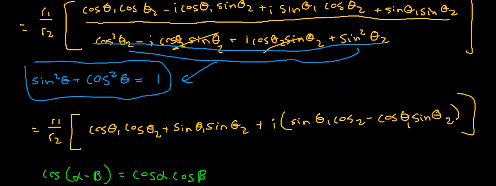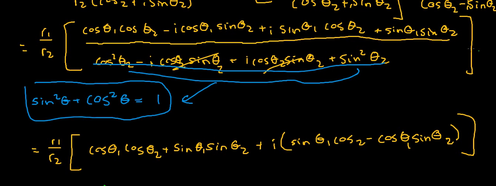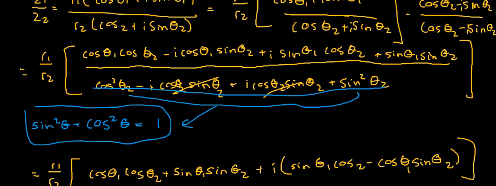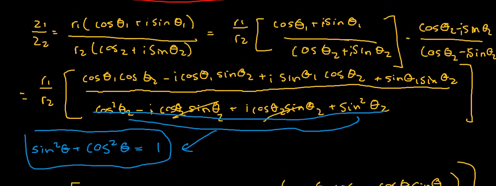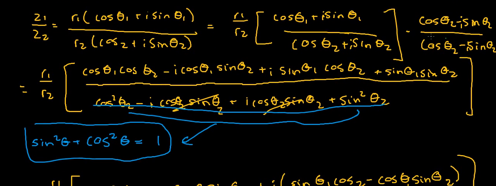Hold on, did I make a mistake? Yeah, I did make a mistake. It should be a minus. Cosine alpha cosine. Sine.